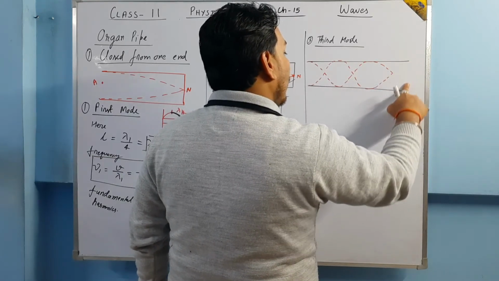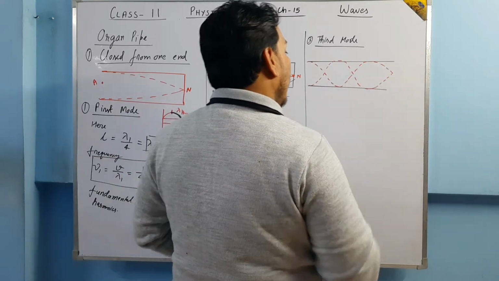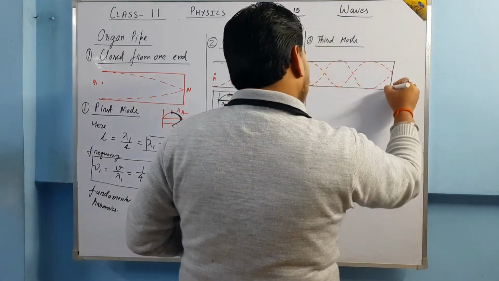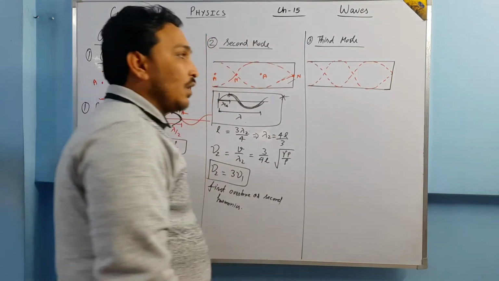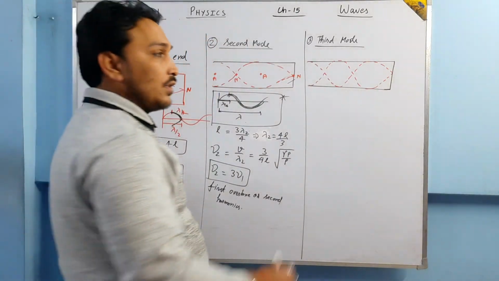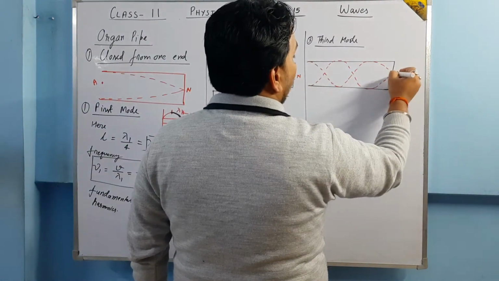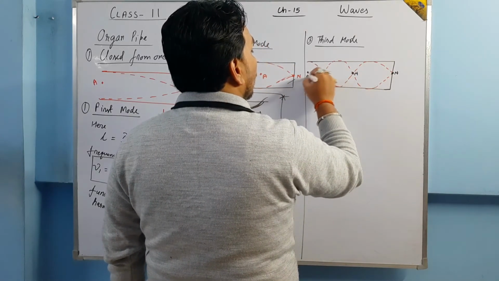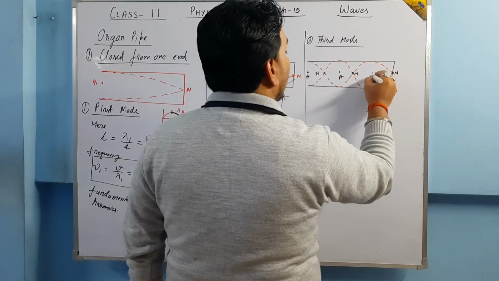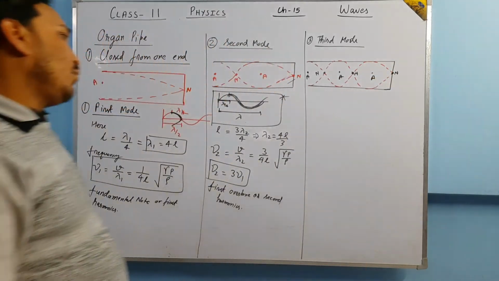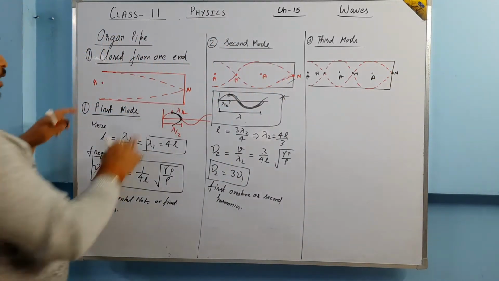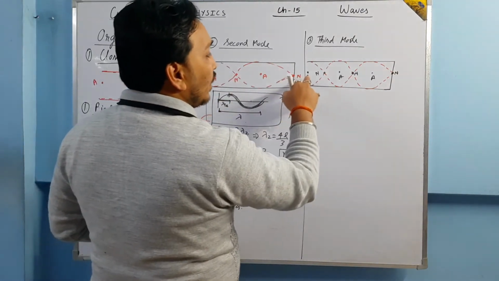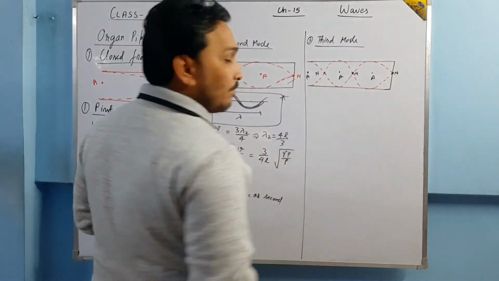So the length of the organ pipe will be like this. This time, how many nodes are there? Just see. 1, 2, 3. How many antinodes? 1, 2, 3. Every time the nodes and antinodes are going to be equal. 1 antinode, 1 node. 2 antinodes, 2 nodes. Here 3 antinodes and 3 nodes.